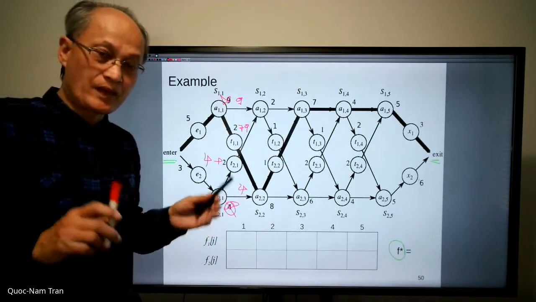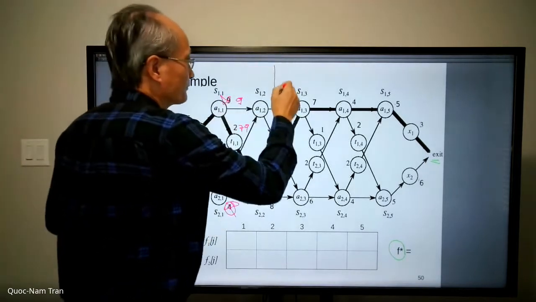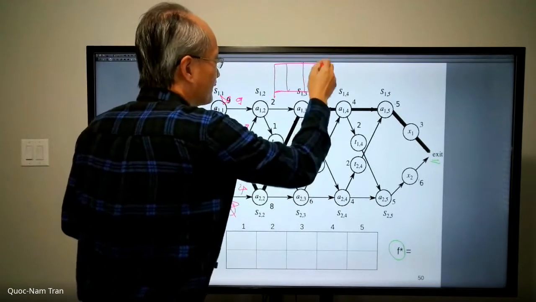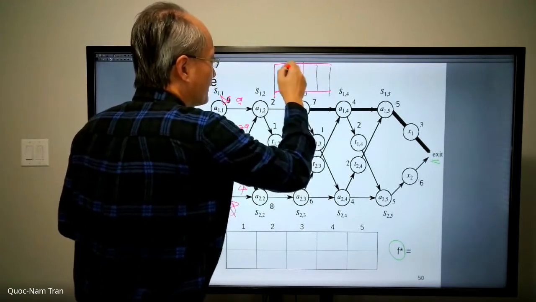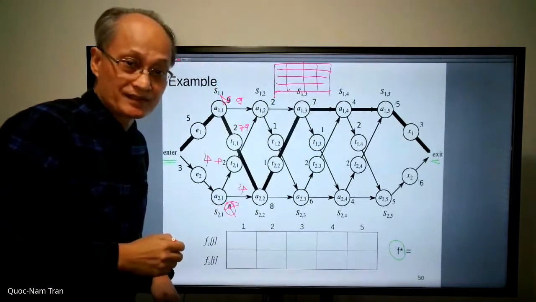Remember that when we have Dijkstra, we can choose an array to keep track of the cost or the length of every edge, right?